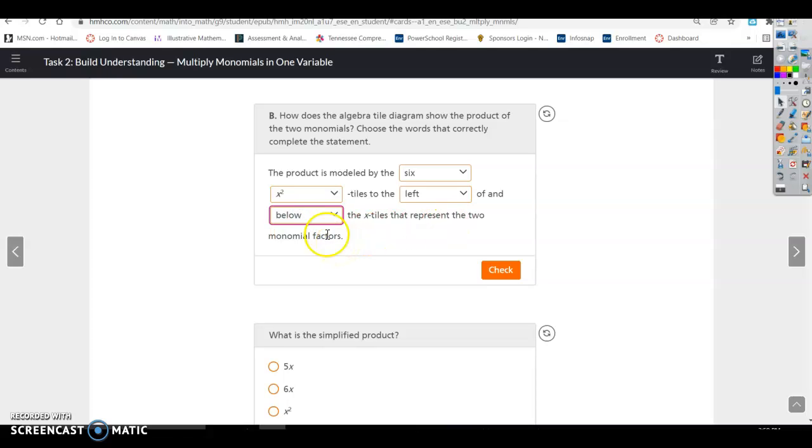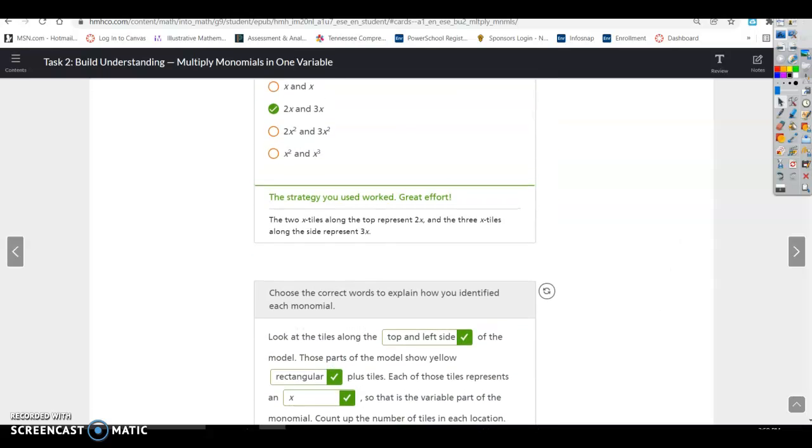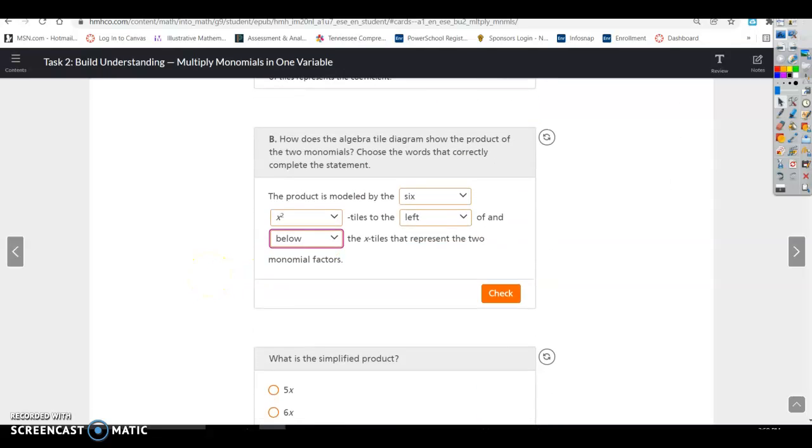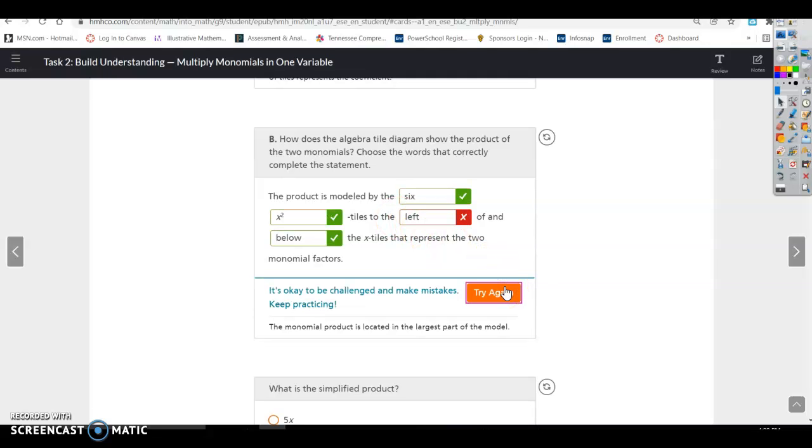All right, so I think this is correct now. So the product, that means your result. So what it wants is to know what is 2x times 3x. So that would be 6x squared. So that's going to be our 6x squareds.